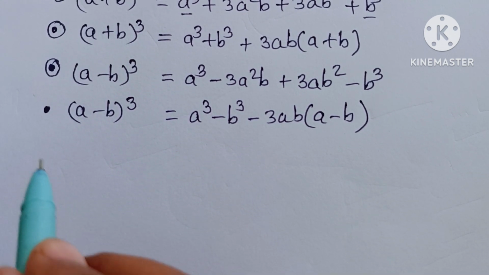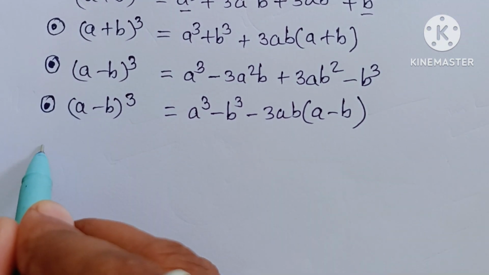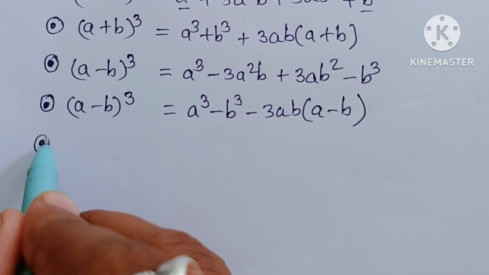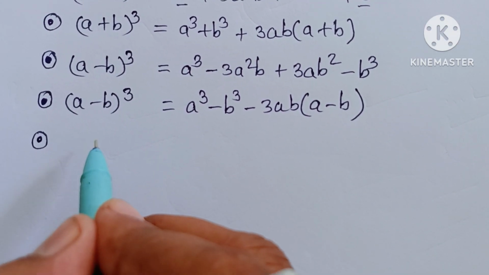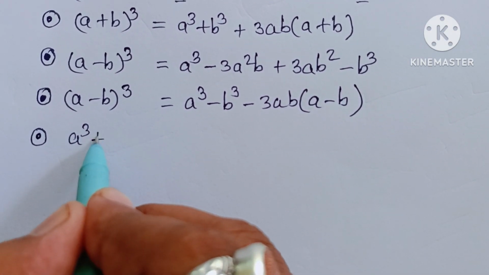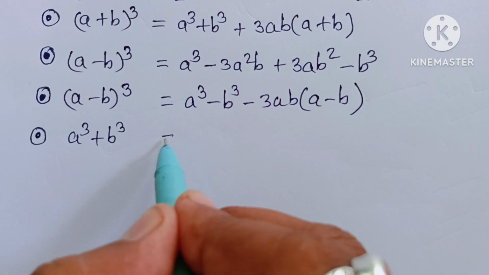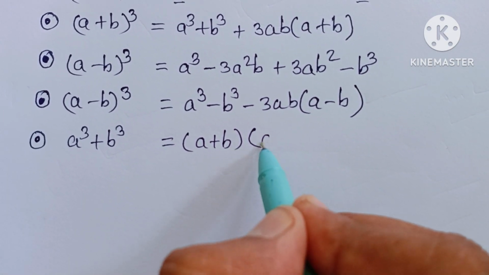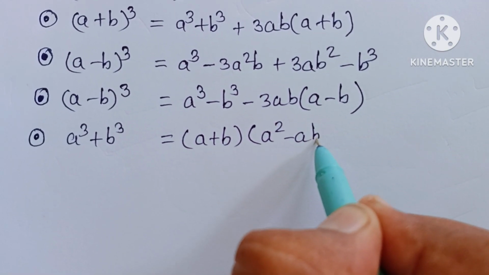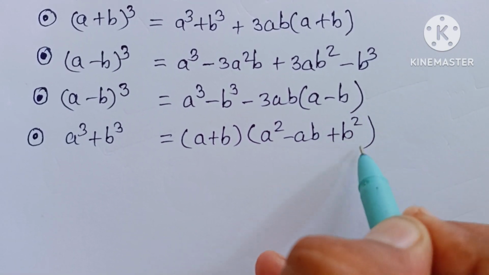Now next identity, a cube plus b cube is equal to, in the first bracket (a plus b), in the second bracket a square minus ab plus b square.